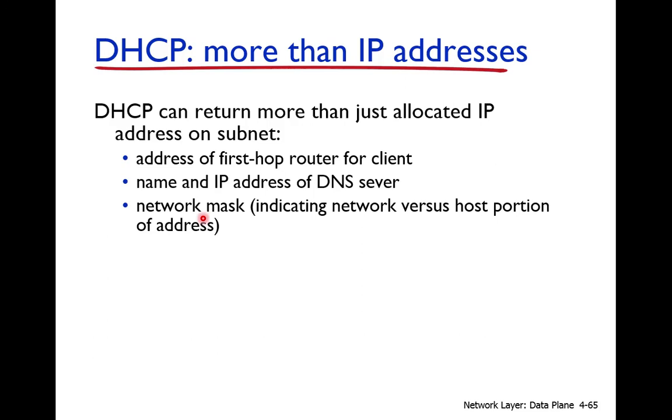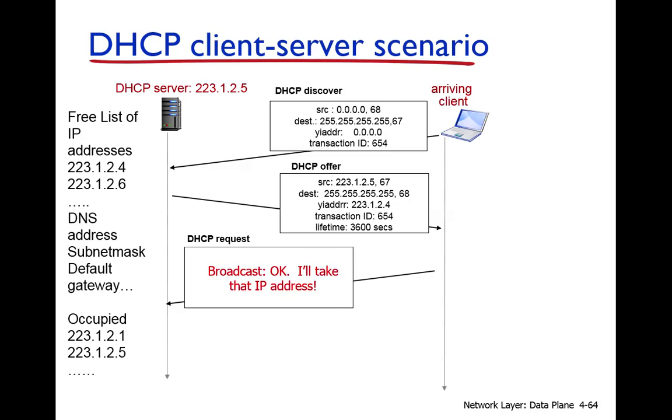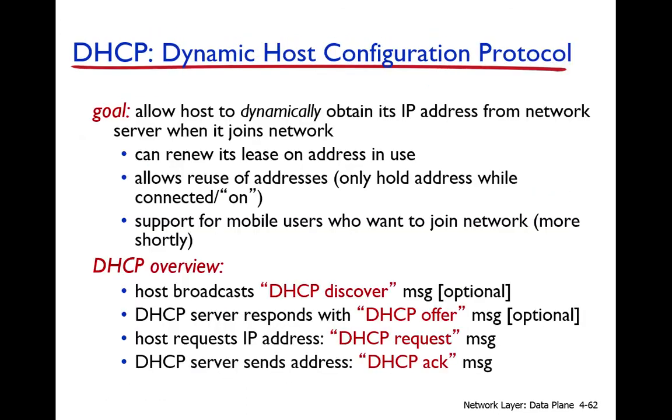So this indicates how many bits are used in this IP address for the network part and how many are used for the host part. Okay, so we have discussed that in DHCP there are basically 4 messages: DHCP discover, DHCP offer, DHCP request, and DHCP acknowledgement. We have discussed these messages through an example, okay.